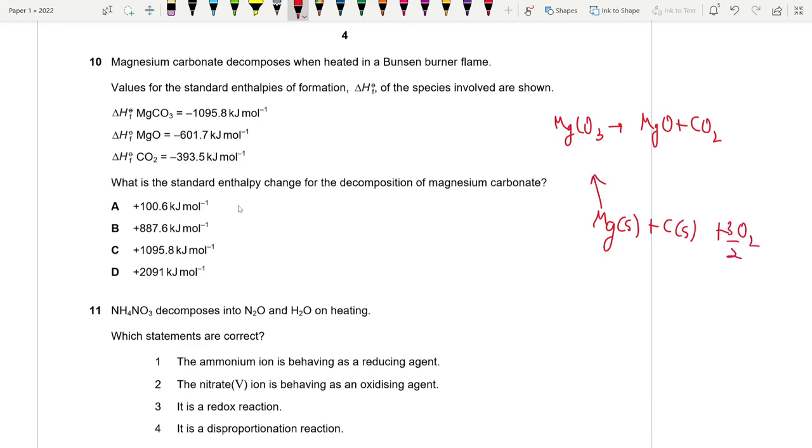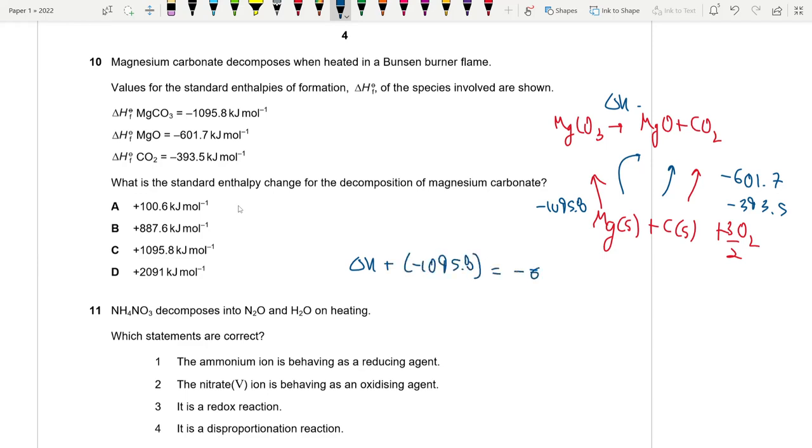here you go. So we have a direct route or the detour. We need to find out this del H. So for formation of MgCO3, it's minus 1095.8, and for formation of magnesium oxide, it's minus 601.7 and minus 393.5 for carbon dioxide. Okay, so we can say that del H plus minus 1095.8 is equal to minus 601.7 plus minus 393.5.